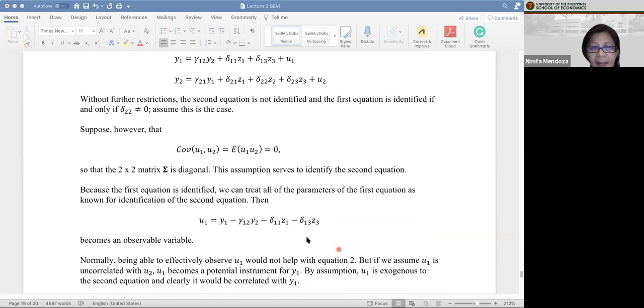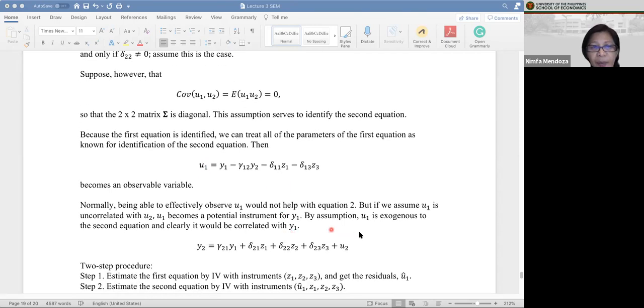And u sub 1 becomes an observable variable. Normally, being able to observe u sub 1 would not help with equation 2. But if we assume u sub 1 is uncorrelated with u sub 2, u sub 1 becomes a potential instrument for y sub 1.